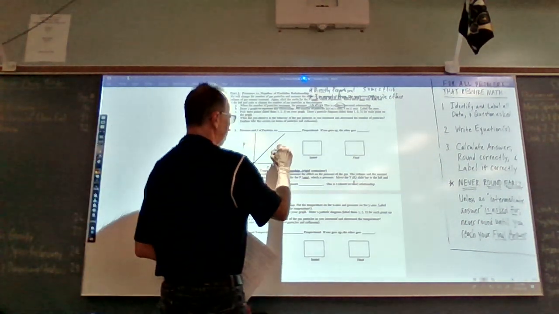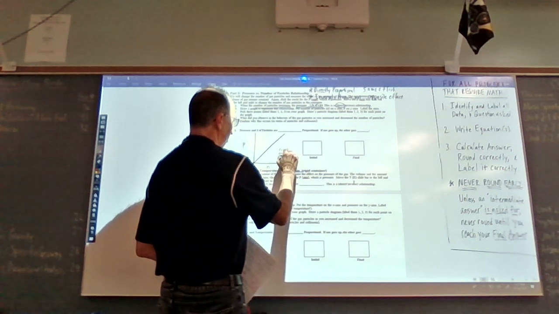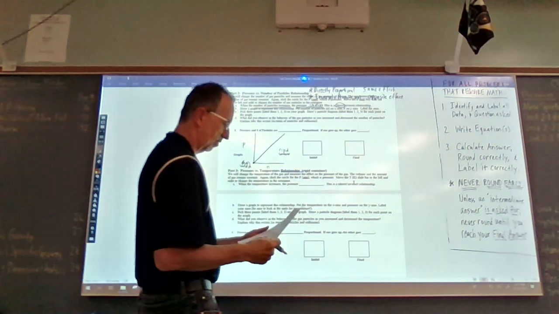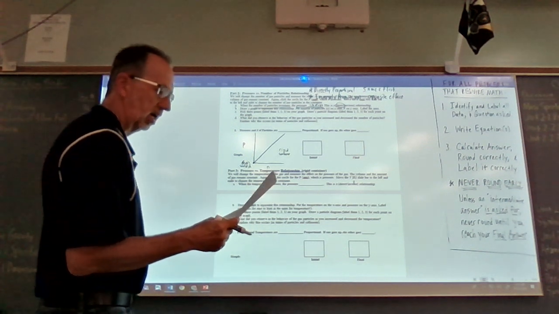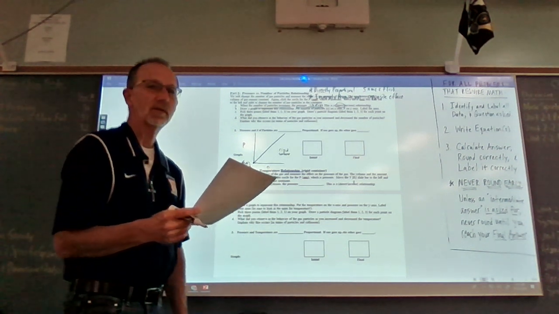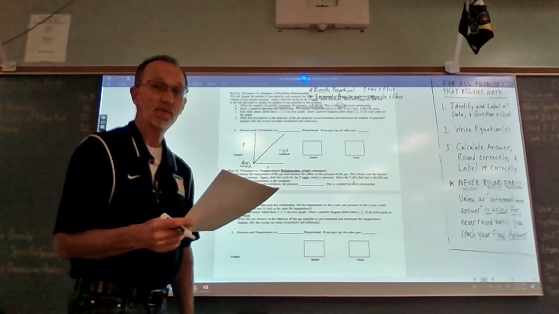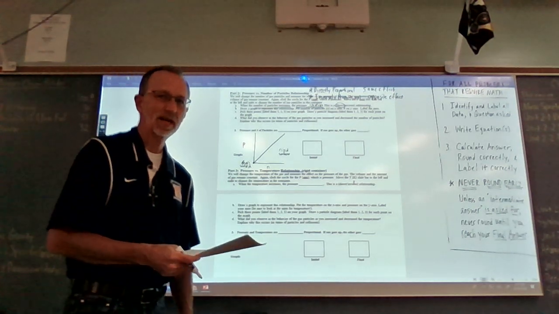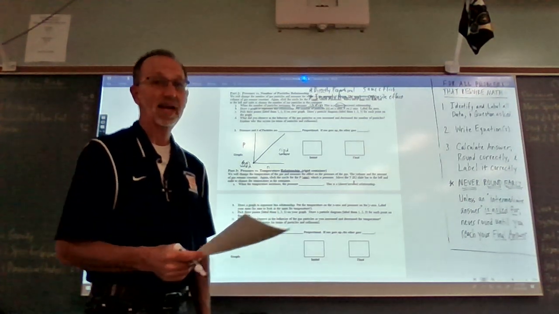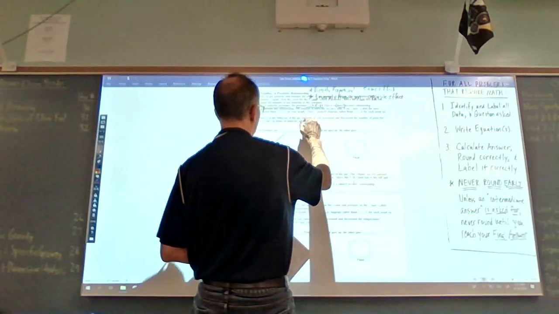Now remember, this is a rigid container. The volume is constant. The person who discovered and studied the relationship between pressure and number of particles was a person you probably heard of. We got a number name for him. His name was Amadeo Avogadro. This is Avogadro's law.